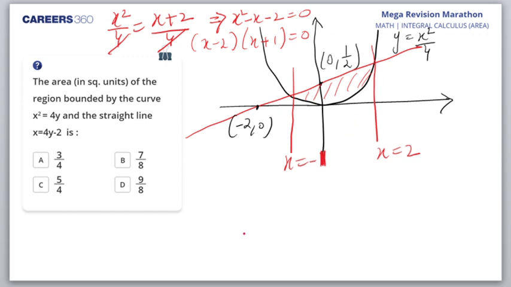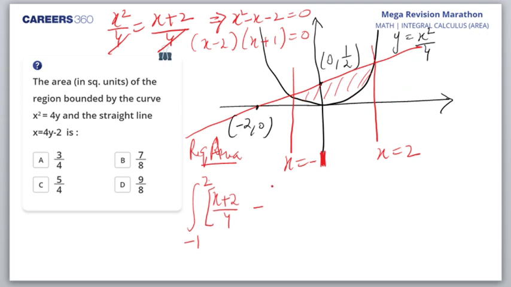So I'll integrate. Okay, so we take the required area. Required area would be the integral from minus 1 to 2 of the line, that is x plus 2 by 4, minus the integral of the parabola.